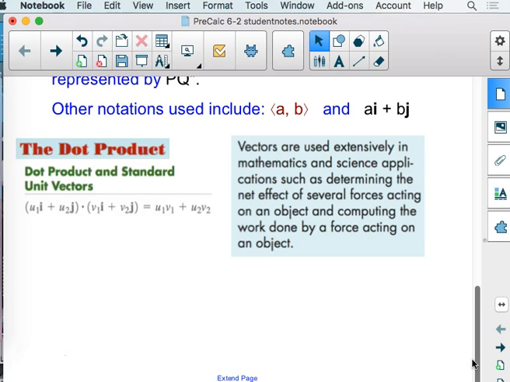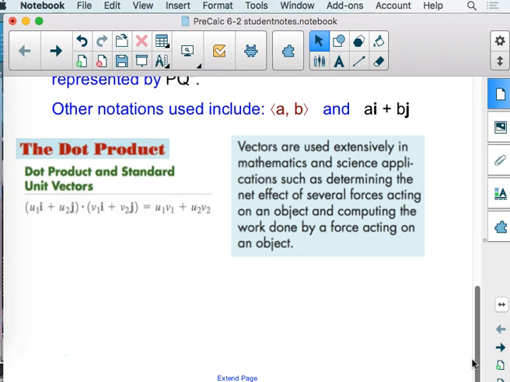Now, dot product. How do you find it? Well, we have a vector with i and j components and another vector with i and j components. What they're really saying is take u1 times v1 plus u2 times v2. What does that mean?